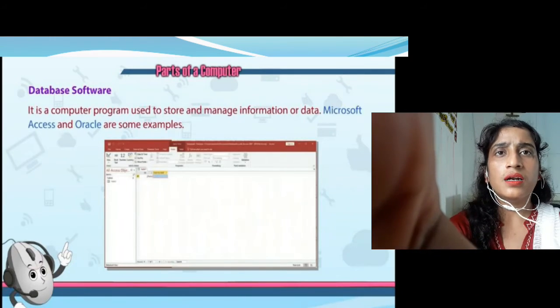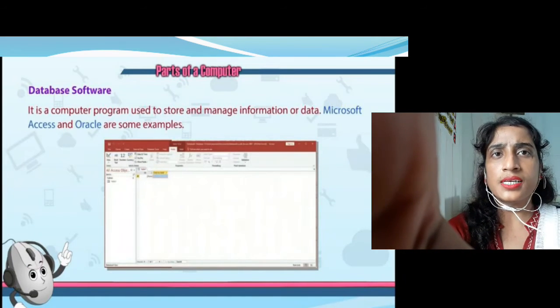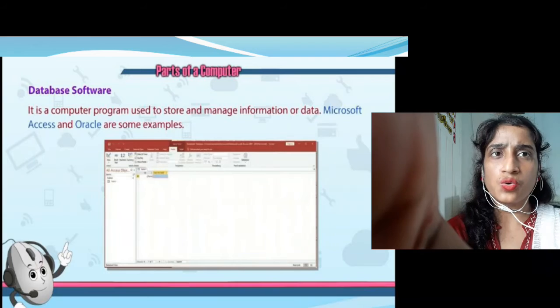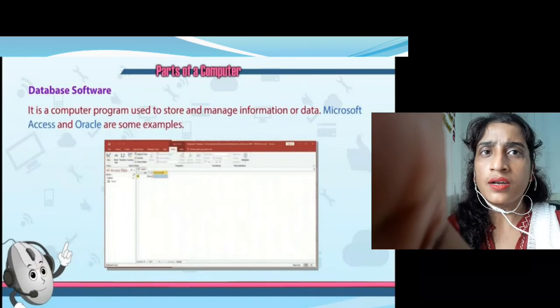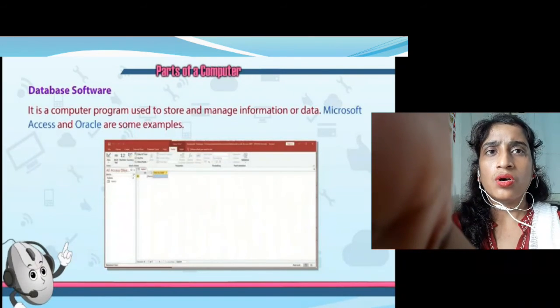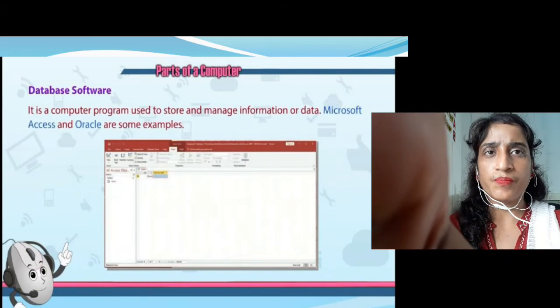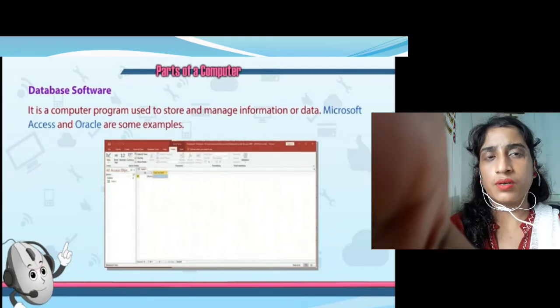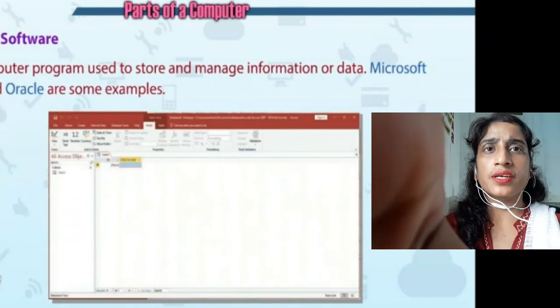Next is database application software. It is a computer program used to store and manage information or data. Microsoft Access and Oracle are some examples. Also SQL, MySQL will be used for database software. So this one is the window in which we can create our database.